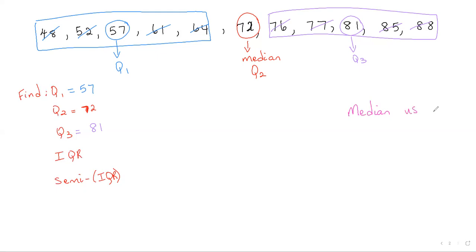I'm just trying to link the two here. So if they gave us a frequency table and they asked us to find the median, so let's say this was presented in table form. Now, in order to find the median, you have to find the position of the middle number.